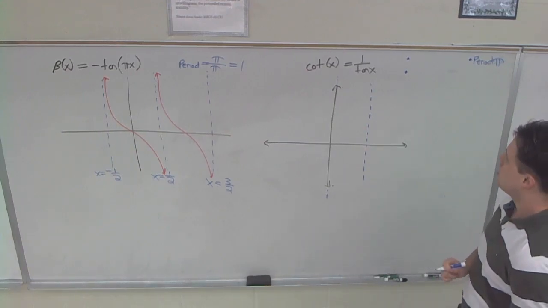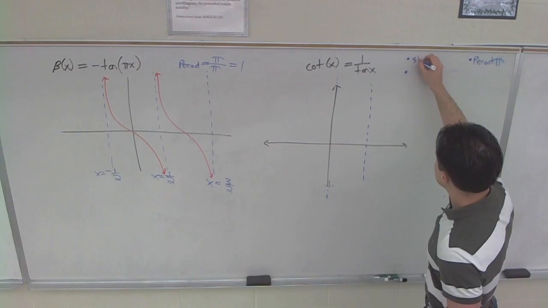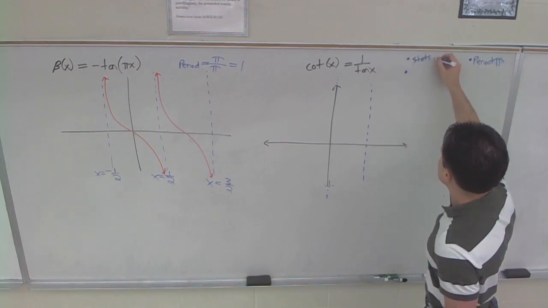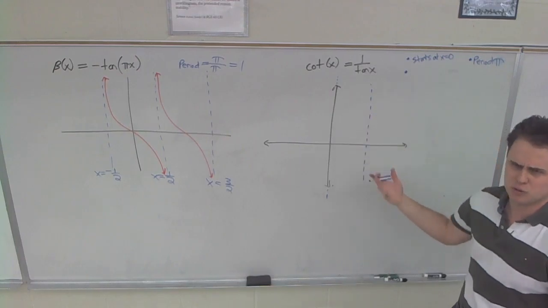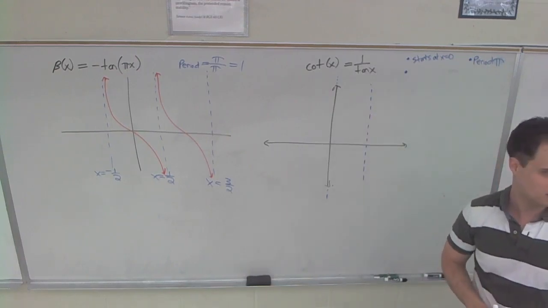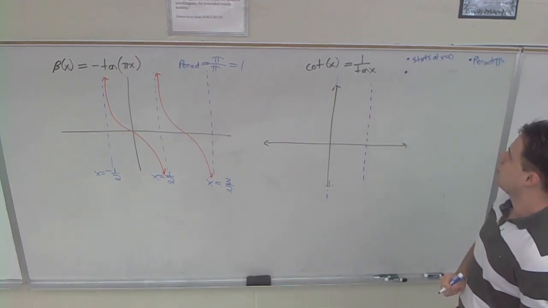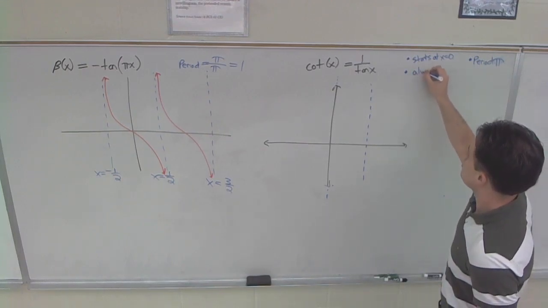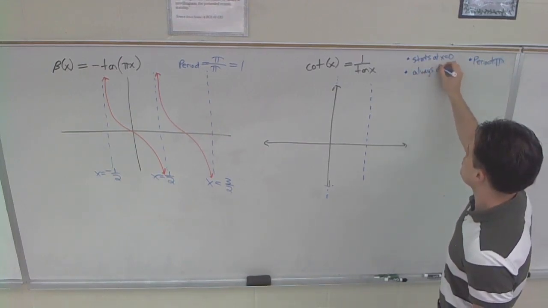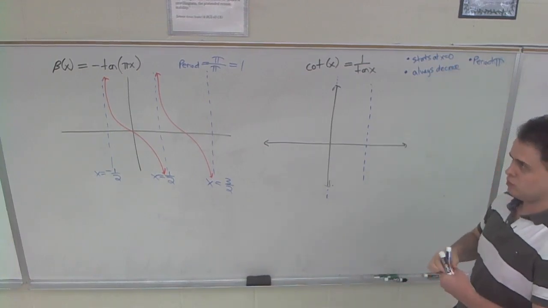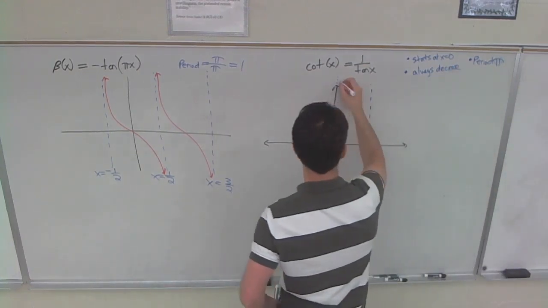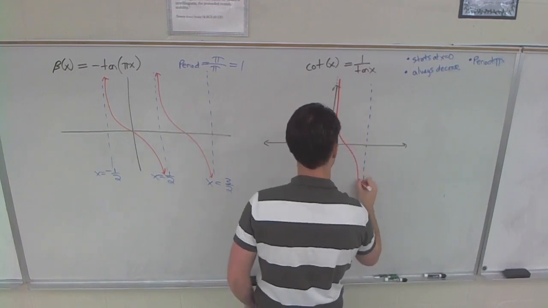Yep. This guy we're going to say starts, I don't know, at x equals 0. You could say starts in the first quadrant, whatever makes sense to you, yeah. And then we're going to always, unlike tangent, decrease. So it's going to look just like that one because we flipped that one. So here we go.